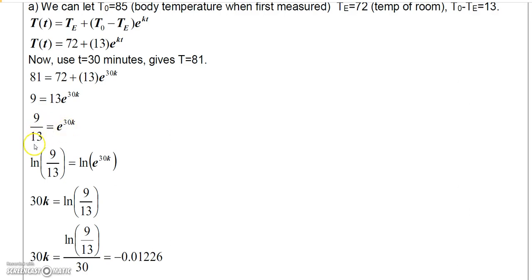And then you can take the natural log of both sides here, so you get the natural log of 9/13 equals the natural log of e to the 30k. And then the natural log of e to the 30k, remember, is just 30k. So we get 30k equals this natural log.